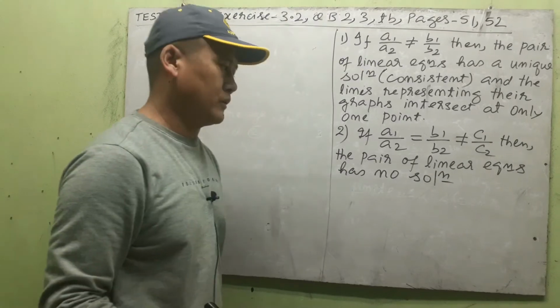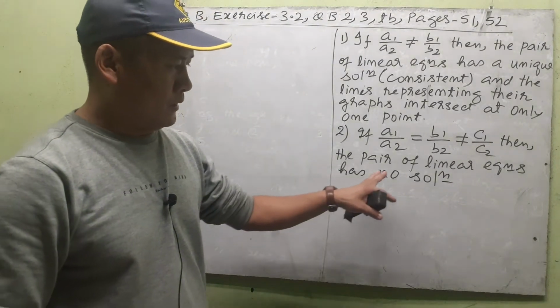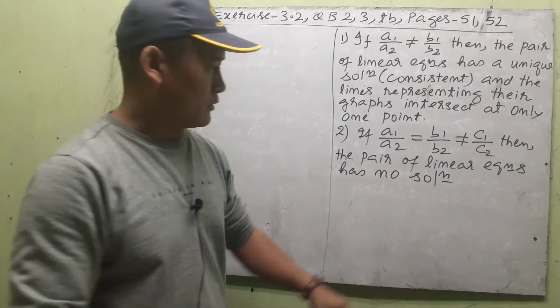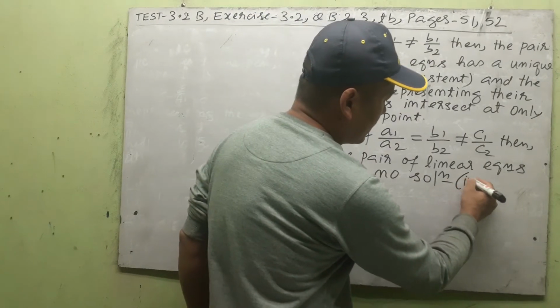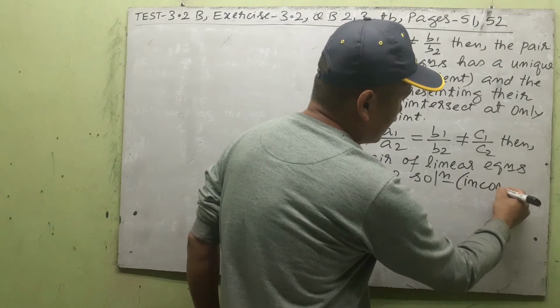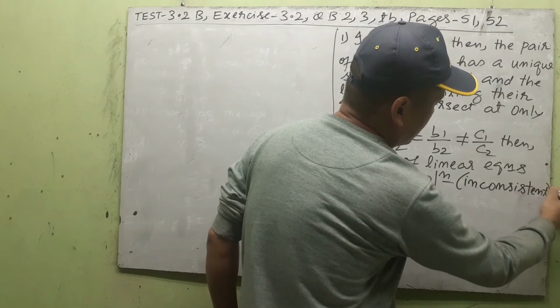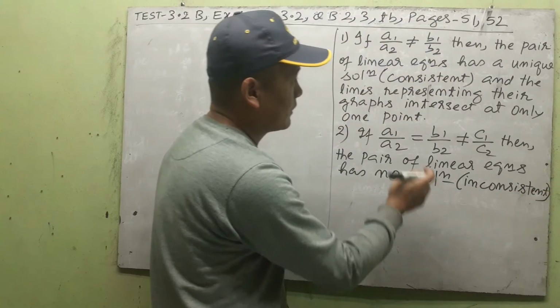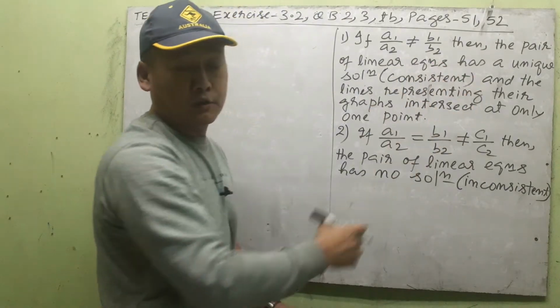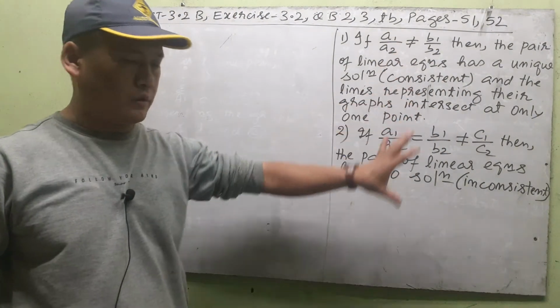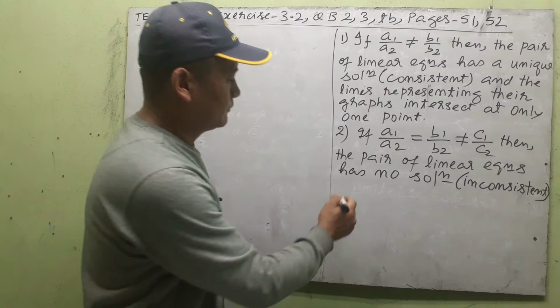Okay, they have no solution. No solution means there will be no value for x or y. So no solution means, in other words, inconsistent. Consistent means they have a value for x and y. They have a solution. Then no solution means inconsistent.